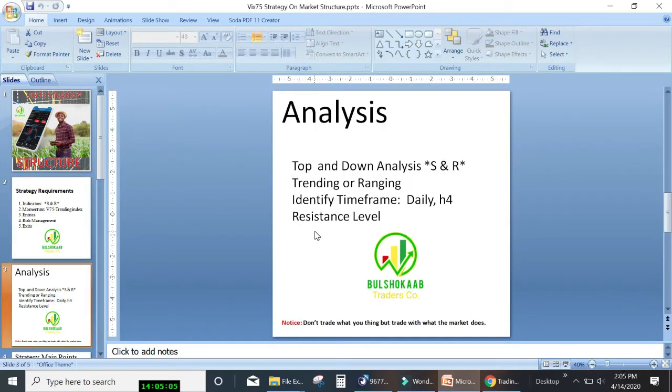So first, analyze. As I mentioned in the second slide, indicators are helpful for a trader, because whenever you want to find the level of every price move, we need to find indicators. The indicators will always tell us.